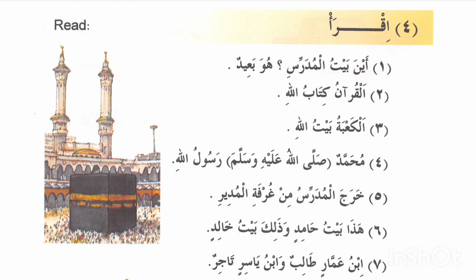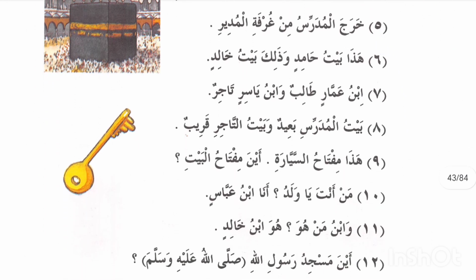هذا بيت حامد. This is Hamid's house. وذلك بيت خالد. And that is Khalid's house. Ibn Ammarin Talib. Ammar's son is a student. Wabnu Yasirin Tajir.